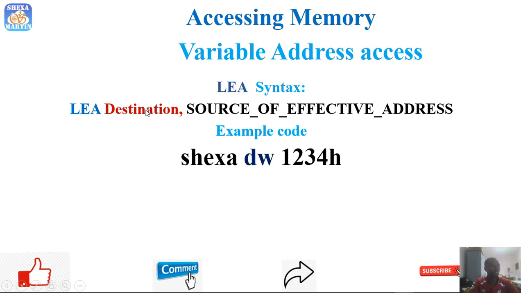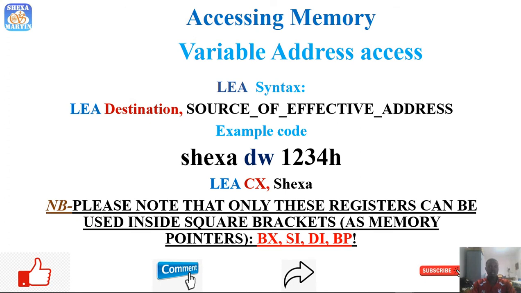So here is an example. Shexa, define word. We are just declaring our variable, and then the code that is used to load the effective address of this variable into CX. So that's it. And you need to note that these registers can be used inside square brackets: BX, SI, DI, and BP.